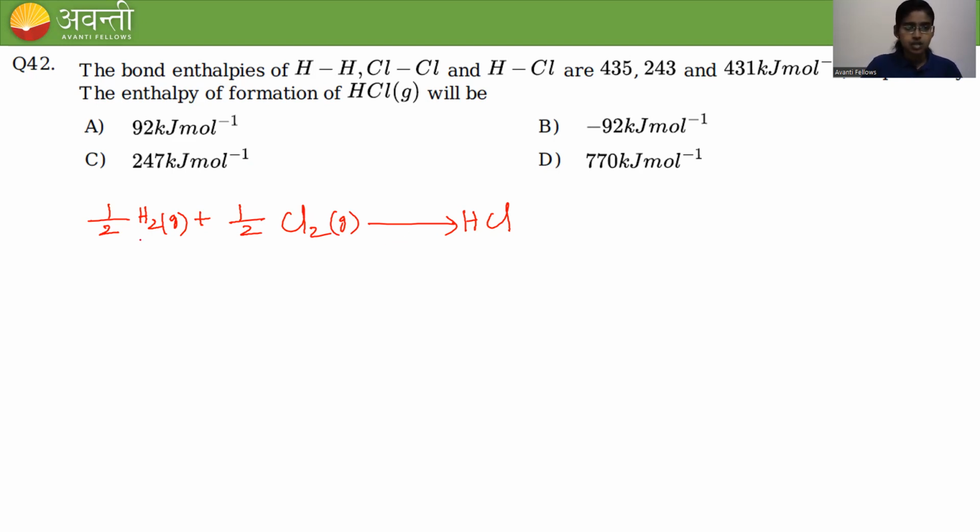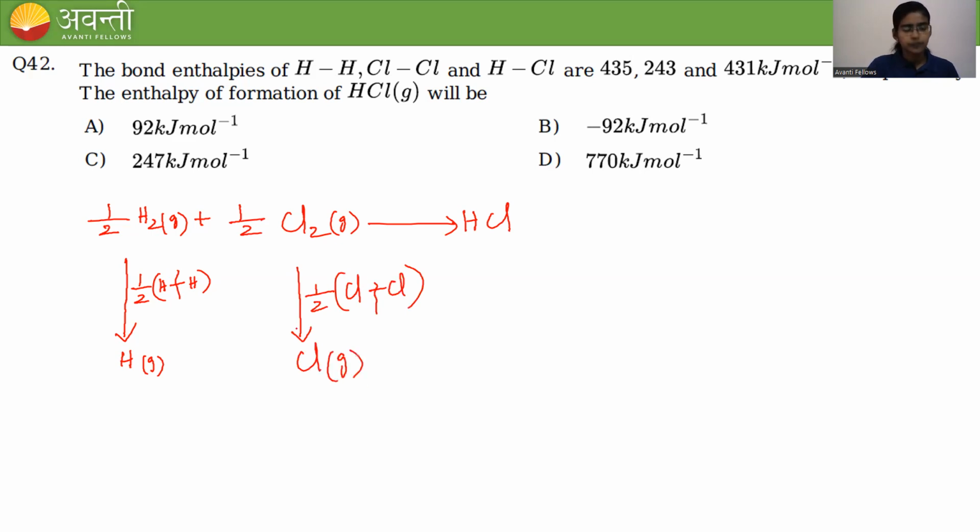Got it? So now here the hydrogen bond is broken. That is, half H-H is there, and that will be broken. The energy required to break the H-H bond is nothing but the bond energy. And because of this bond breaking process, we are getting the hydrogen atom. And from the chlorine, we have the Cl-Cl bond, and if we break that, we will get Cl in gaseous state. Got it?